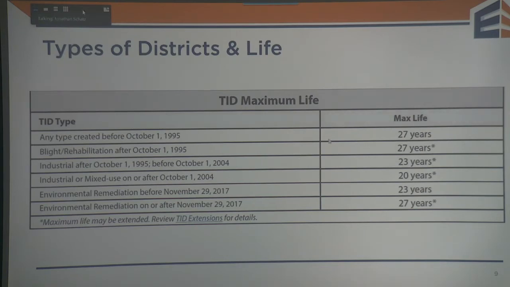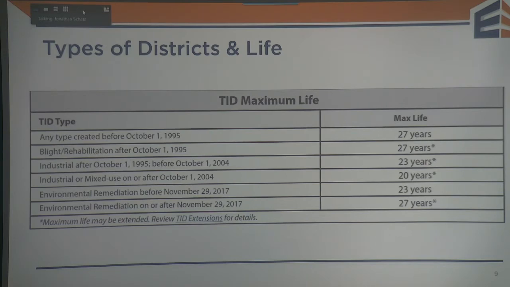So the last slide that I'm going to talk about before handing it back over to Dawn is the different types of districts and their maximum life. There are several different types of districts that you can use depending on the nature of the project or the nature of the area that is being targeted for development. Firstly, this first line just states that prior to October 1st, 1995, there were no different TID types.